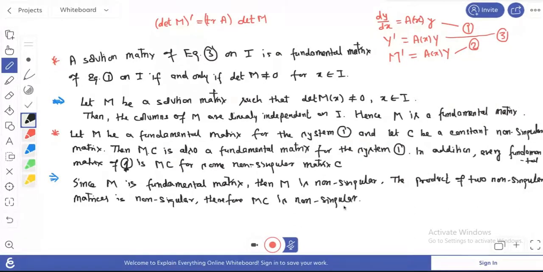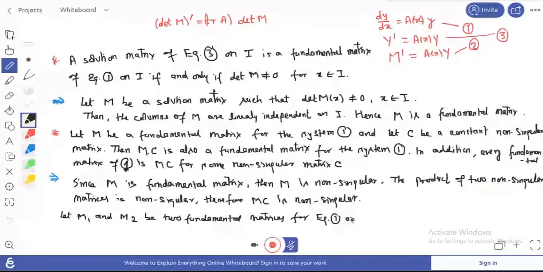Okay, so now suppose that M1 and M2 are two fundamental matrices of this equation first. So if these two are fundamental matrices, M1 is non-singular and M2 is of course non-singular.